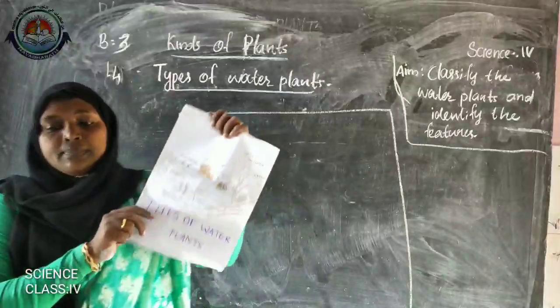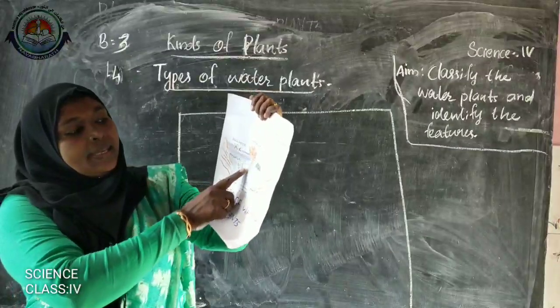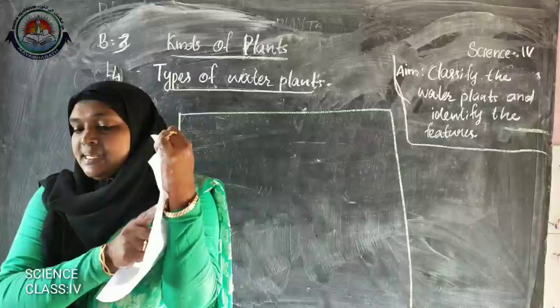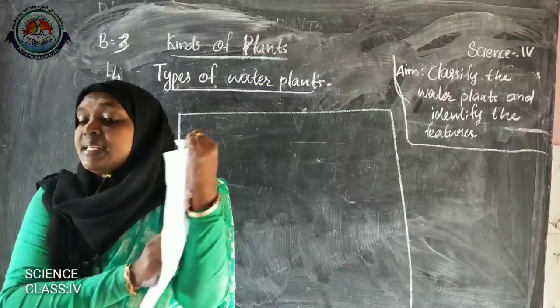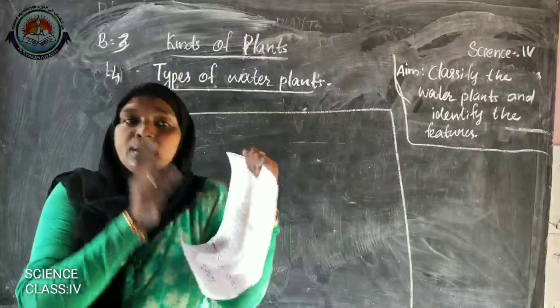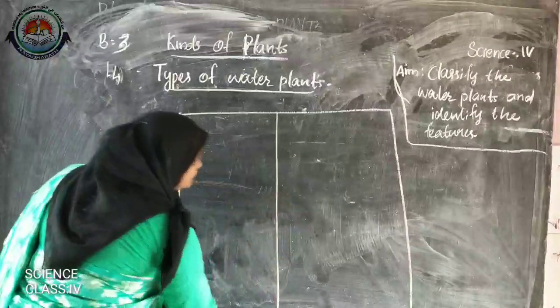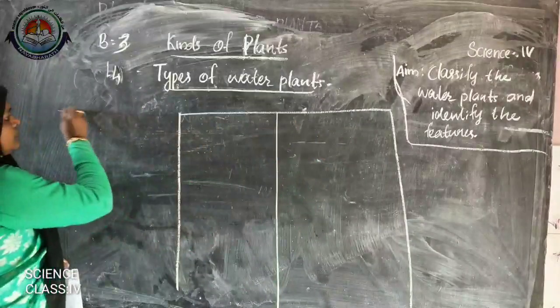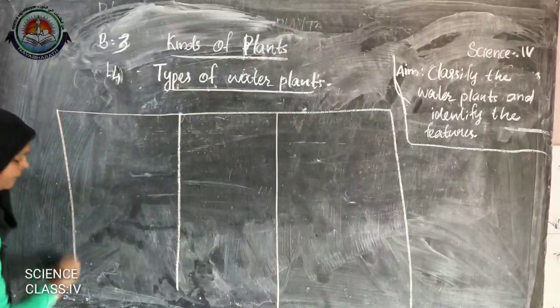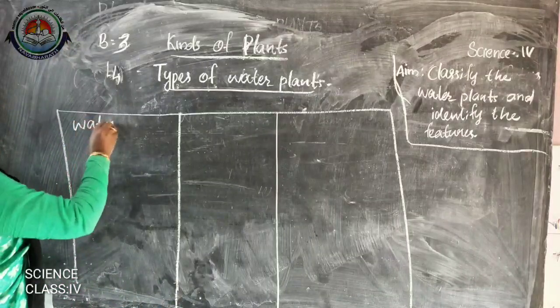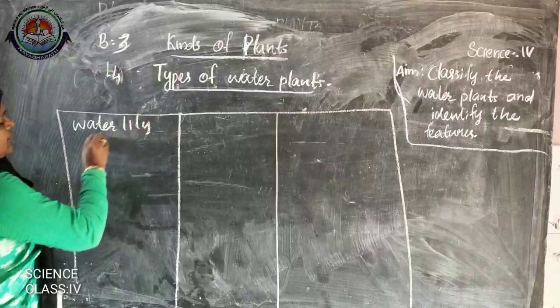Yes, you can check water lily and cattail. What is there? Fixed in the ground by roots. Then we can write here: water lily, cattail.